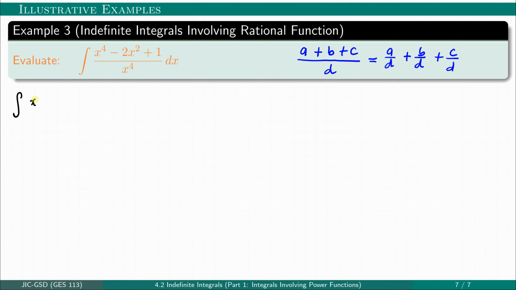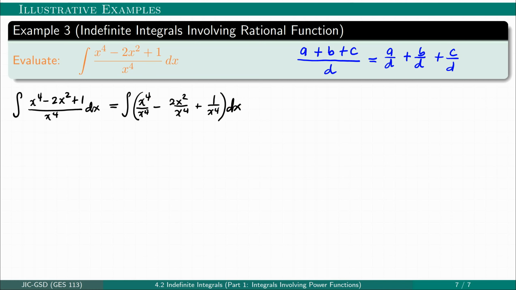So our integral can now be rewritten as the integral of x to the fourth divided by x to the fourth power minus 2x squared divided by x raised to 4th power plus 1 over x raised to 4 dx.